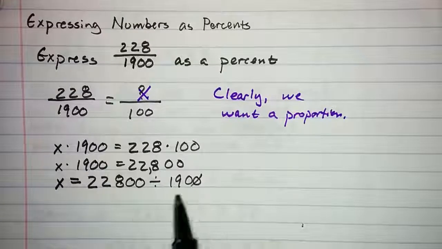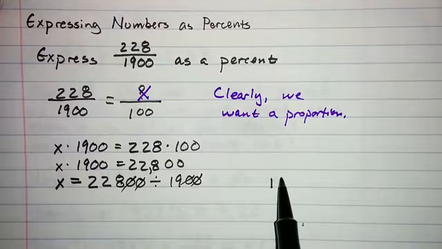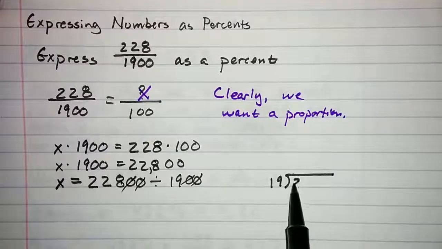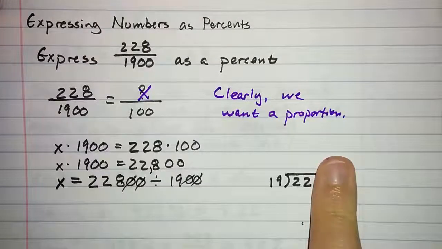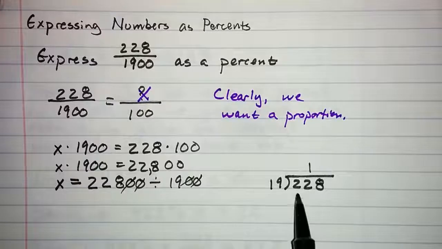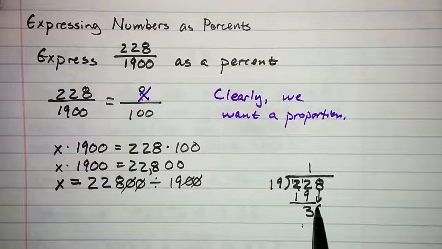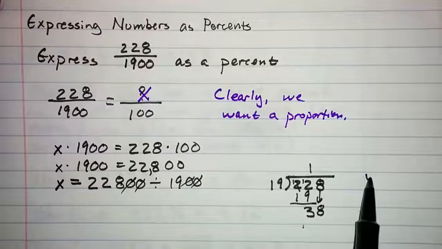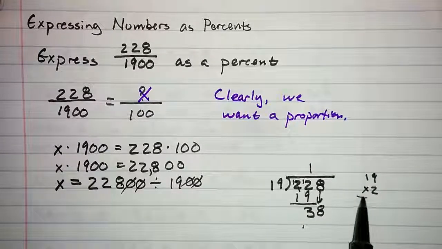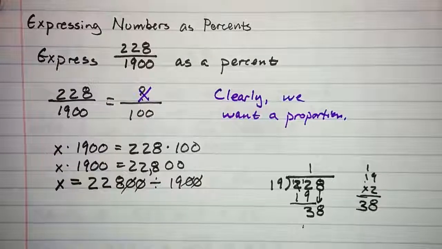Using what we know of decimal division, we make this a little bit easier for ourselves, and we're going to actually divide 19 into 228. 19 goes into 22 once. Borrowing, 12 minus 9 is 3. 19 goes into 38, maybe twice. 2 times 9 is 18. 2 times 1 is 2, and 1 is 3.